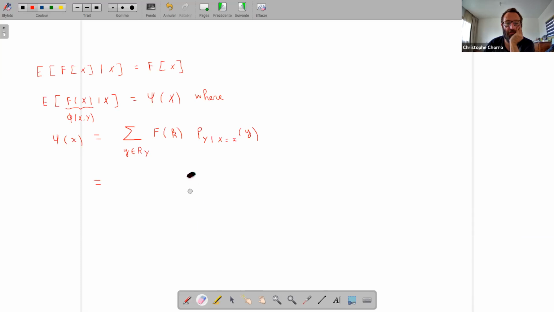And here I don't have a k, but I have an x. What can I do? I see that f of x doesn't depend on y, so I can remove it from the sum.